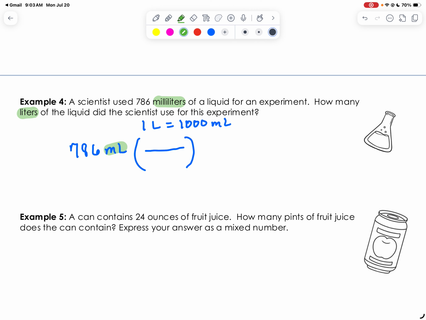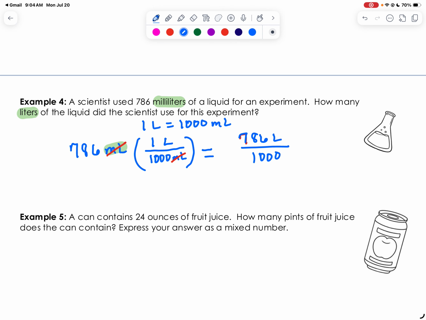If this is milliliters, then the denominator must also be milliliters. So 1 liter goes on the top. So this will cancel with this, and I'm left with 786 times 1, which is 786 liters divided by 1,000.